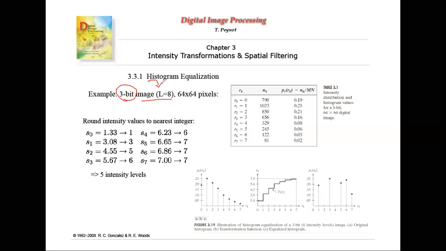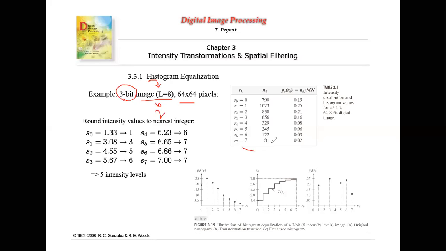When somebody says an 8-bit image, L shall be taken as 2 to the power 8. Usually images will be mentioned not in the number of levels but in the number of bits, and from that L is derived as 2 to the power bits. Then the size will be given, M cross N, 64 cross 64, M is 64, N is also 64.